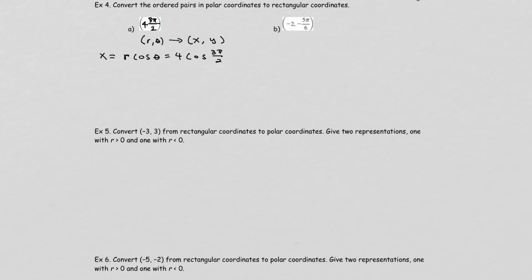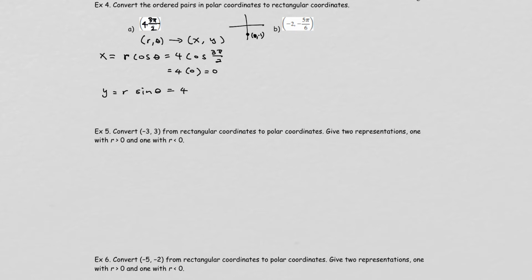And when you replace that, you get 4 times cosine of 3 pi over 2, which is going to be 0. Do I need to show you that? This is that point, which is x is 0, y is negative 1. Your cosine is your x value, so this is going to be 0. And your y is going to be r sine theta.